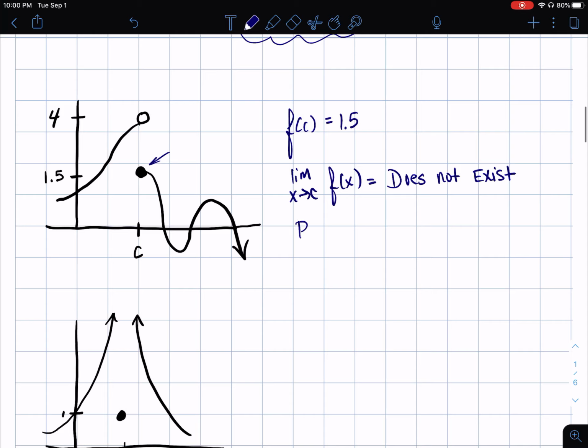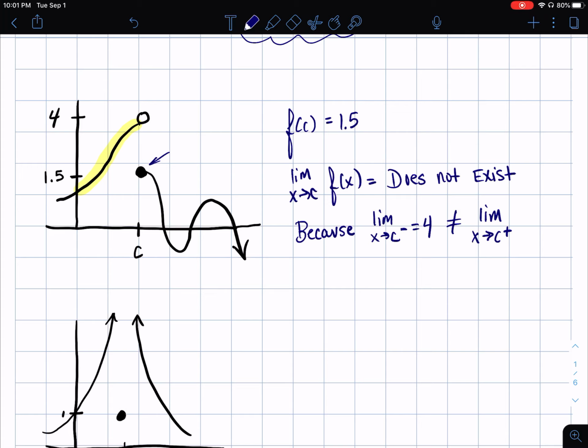And we'll say because the limit as x approaches c from the left, so this little negative sign is saying from the left side, and that negative is implying we're looking at the limit coming from the left side, and that is going to be equal to 4. And that does not equal the right side limit.